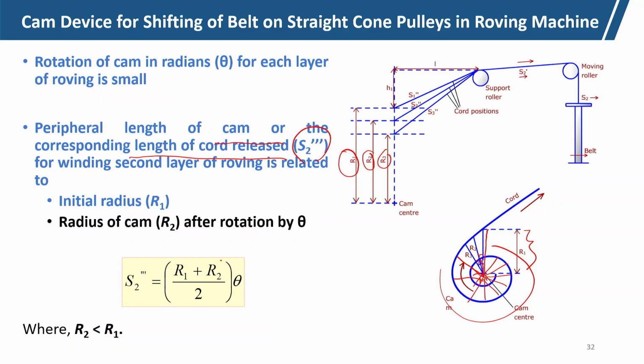That is for the first layer; for the next layer it is R2. So, the peripheral distance S2 triple dash will be r theta, basically the radius multiplied by the radian of the angle of release.